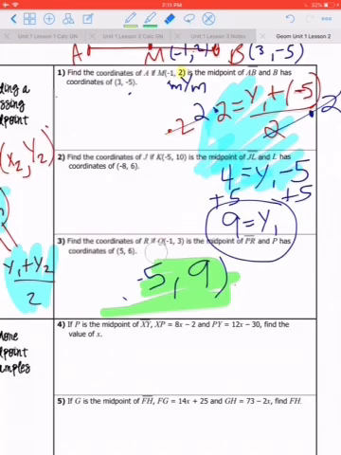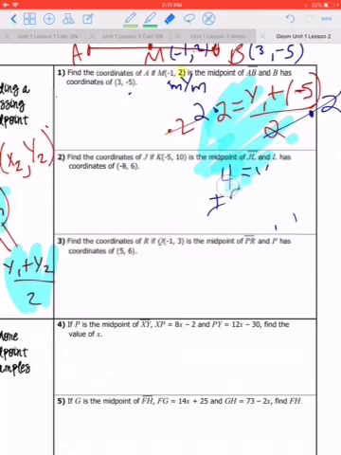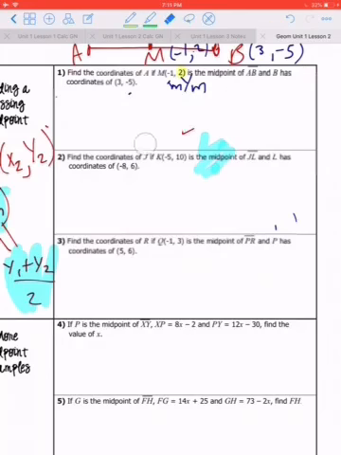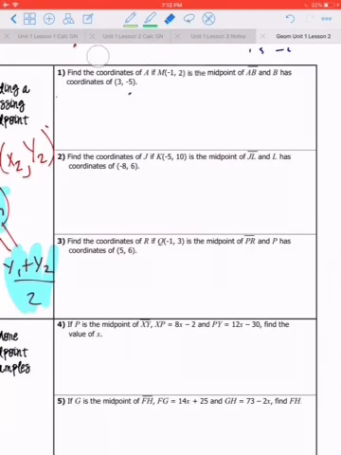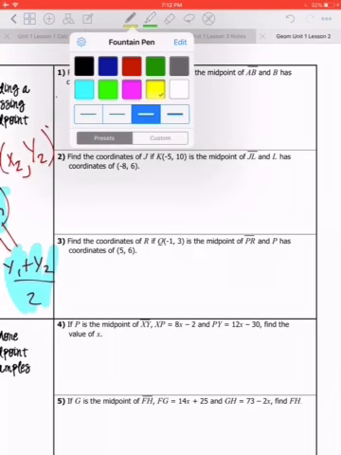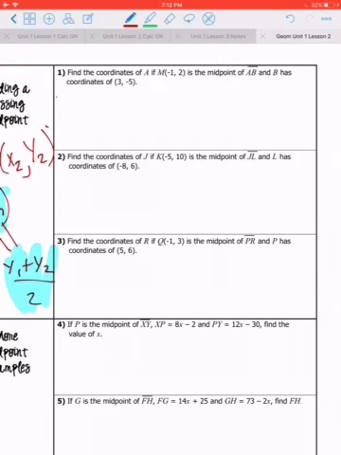And number 2 is a very similar idea. We're given K, we don't know J, and we're given the midpoint. So a little different than the front page, but same idea as number 1.